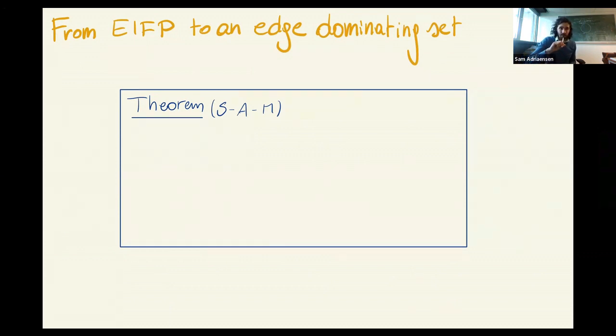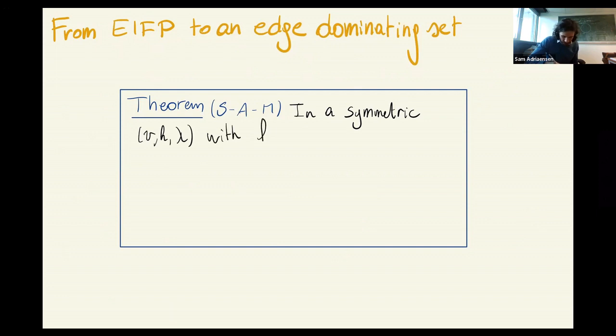So let me write down the exact statement. In a symmetric (v, k, lambda) design, and we have a condition here that k is at least 100. It's not very restrictive because there's only a finite number of symmetric designs where your block size is at most 100.